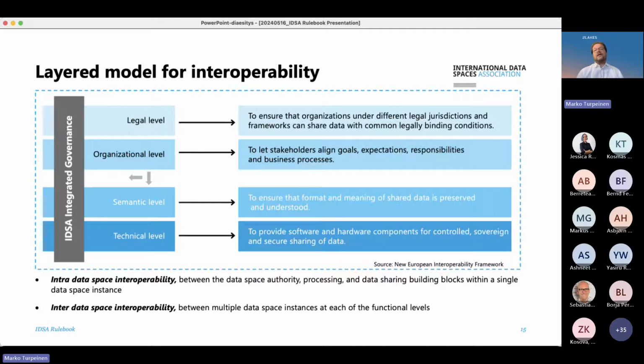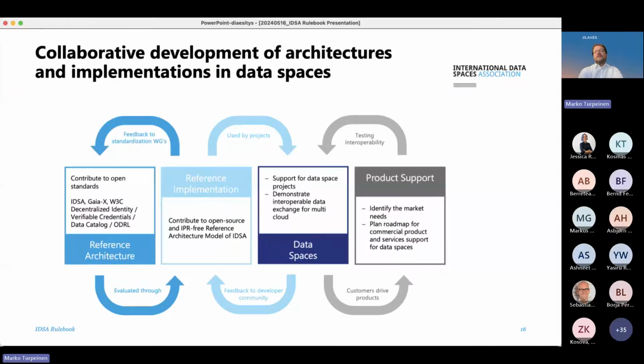Lots of questions there actually, and I don't think the rulebook as such gives any conclusive answers, but also shows some of those issues that you need to take into account when you start connecting data spaces together, interoperability on that side.